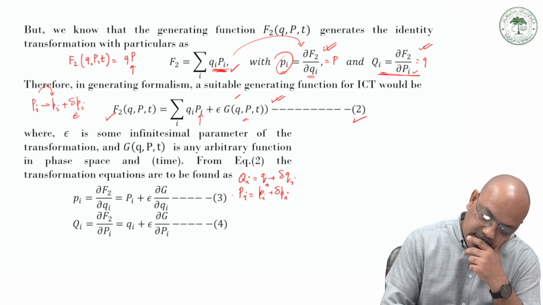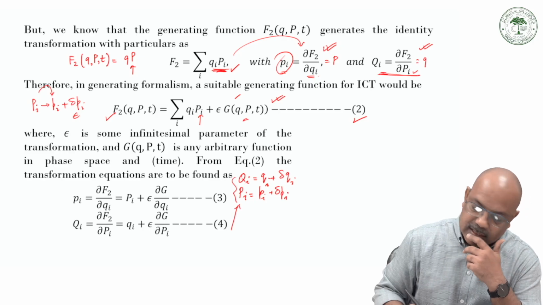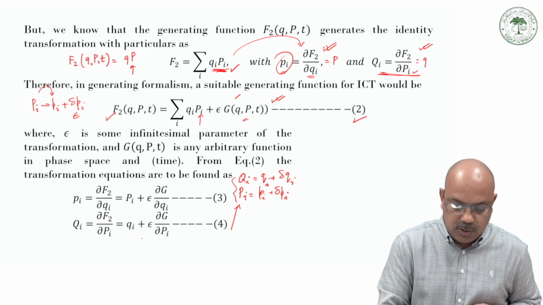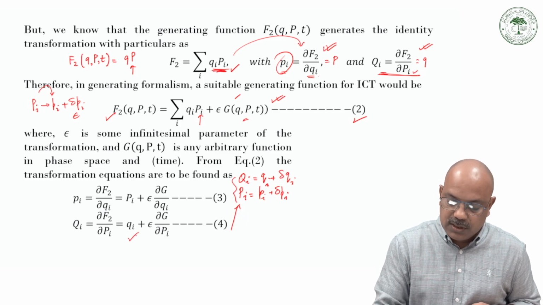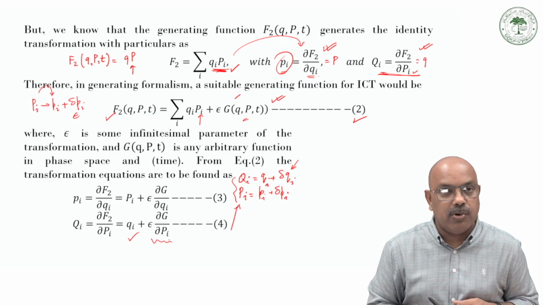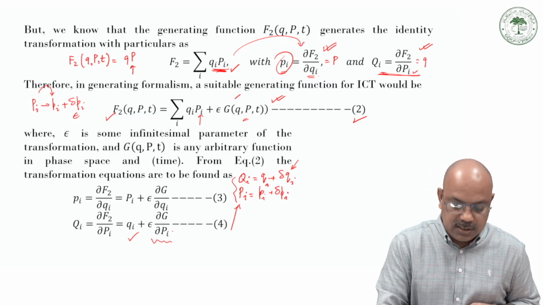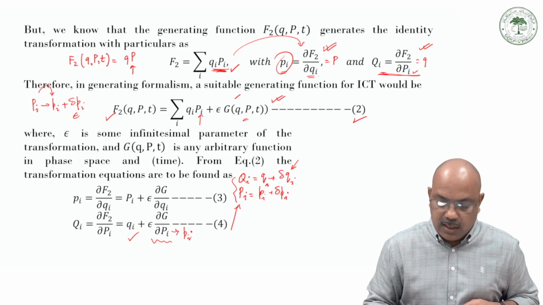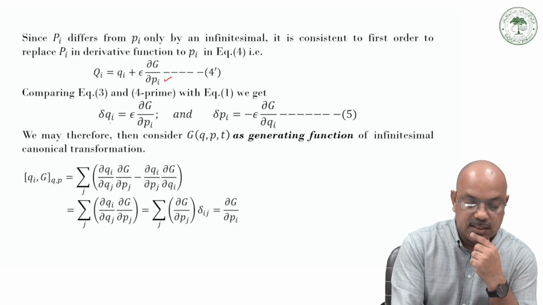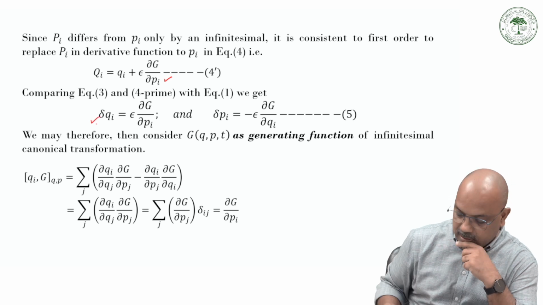Comparing these, for the first equation, delta Qi is nothing but epsilon delta G upon delta Pi. Here I can replace capital Pi by small pi, so delta Qi is epsilon delta G upon delta pi.